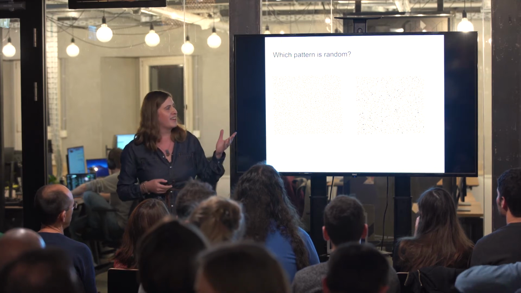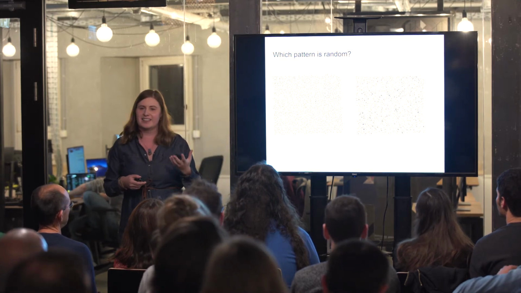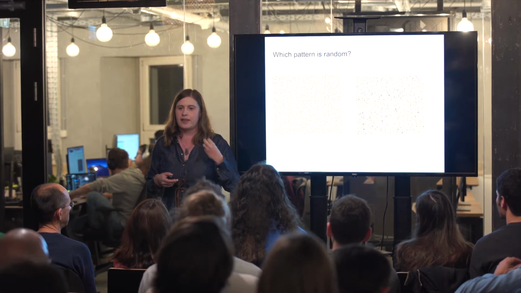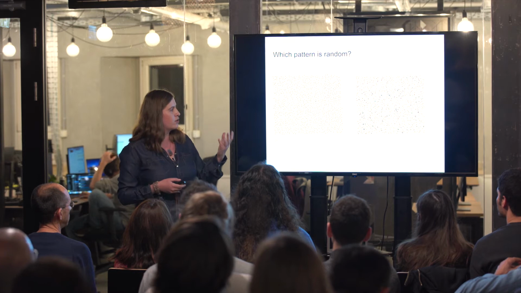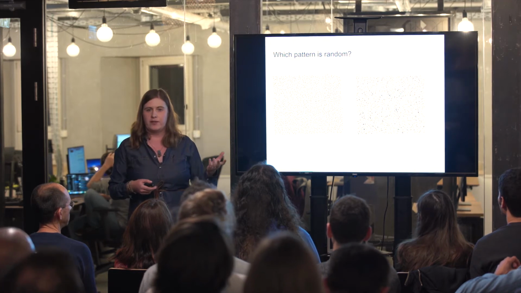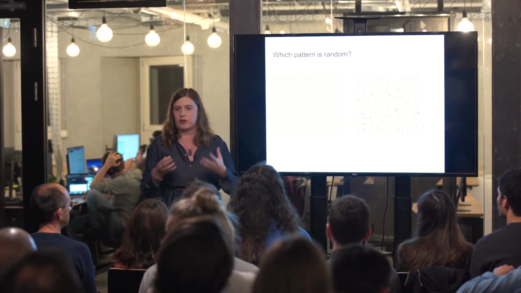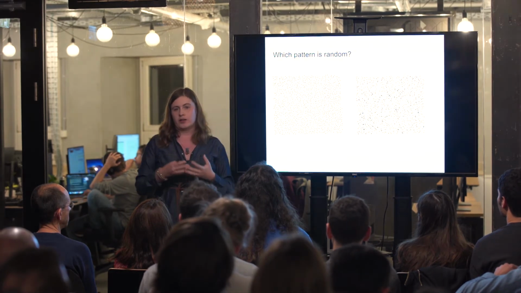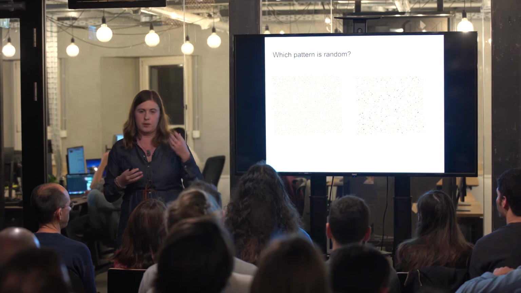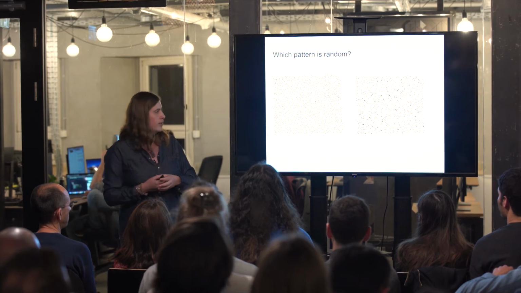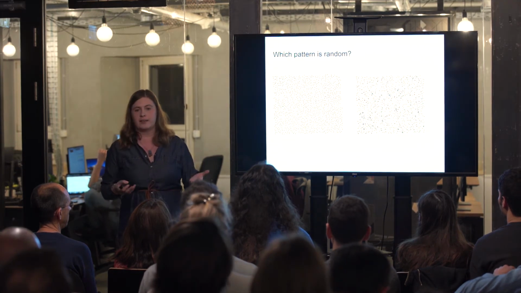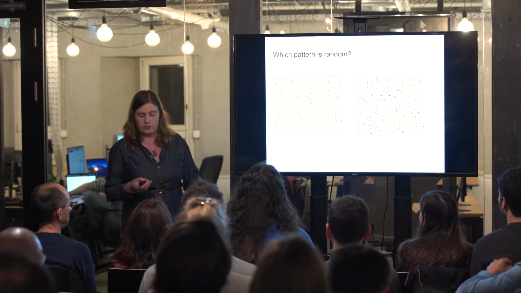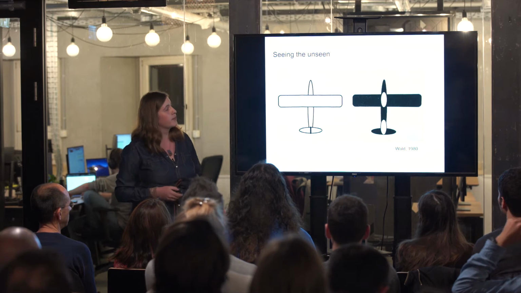So here you can see that our mind is not very good at perceiving randomness. That means that in each visual image that we have, we try to make some structure. And what does it mean for our data? If we are not emphasizing the idea that we want to give to the audience, they will find the idea themselves, and it could be not the idea that you want to send to them.